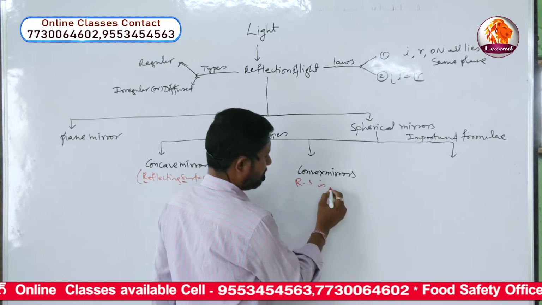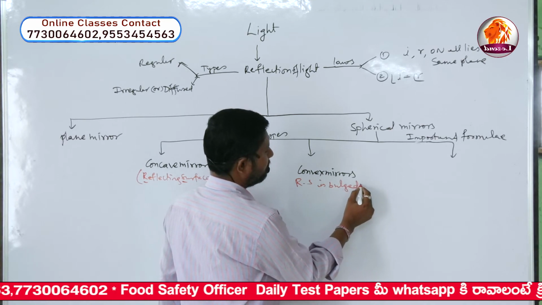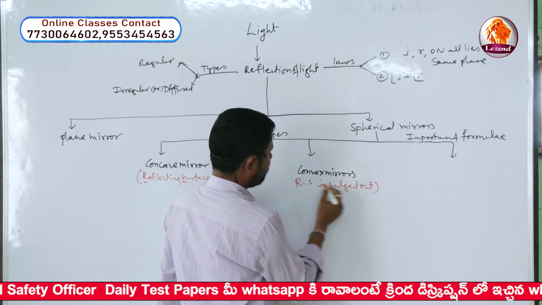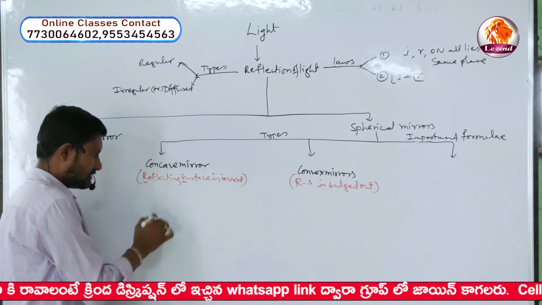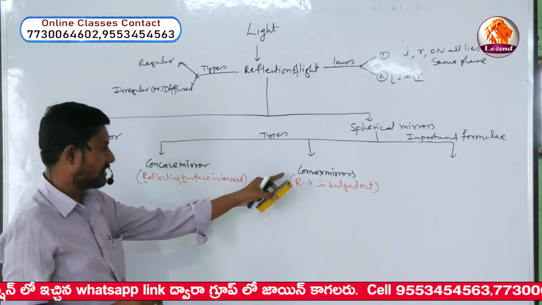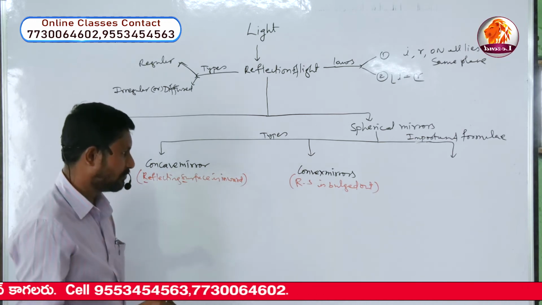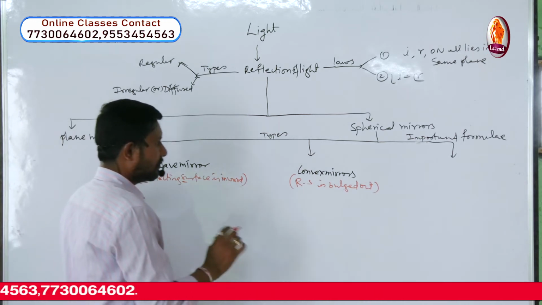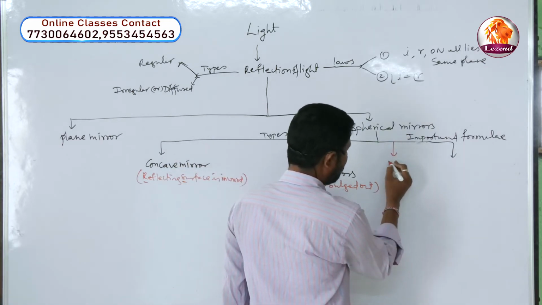For convex, the reflecting surface is bulged out, or outward. Okay. And now here there is important terminology related to concave and convex mirrors which you must remember. So here it is important formulae and important terms.